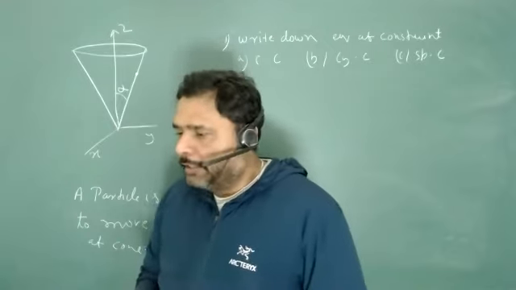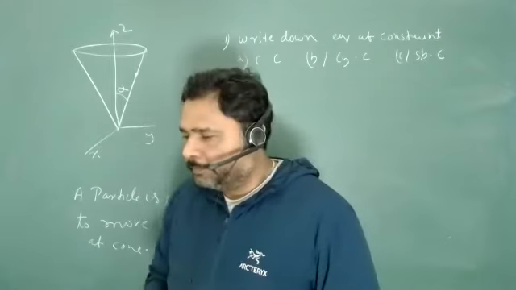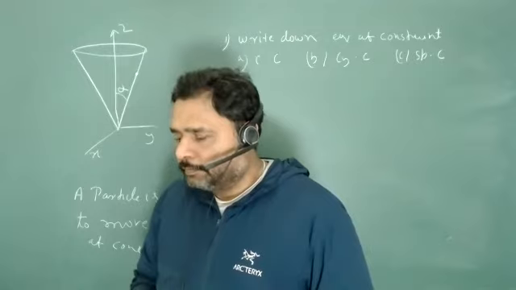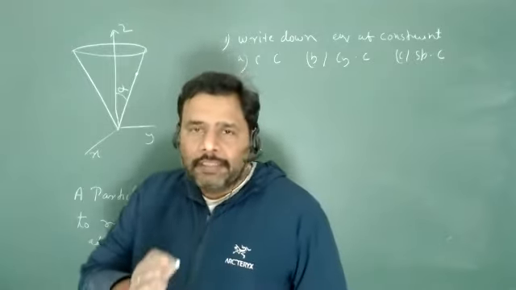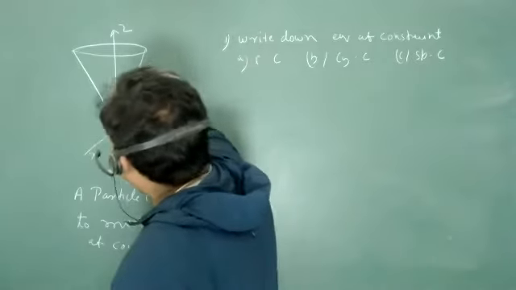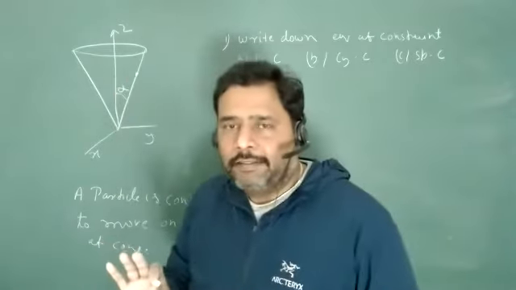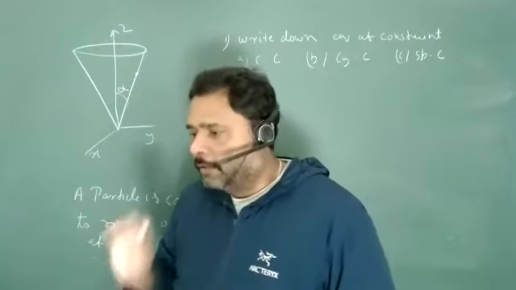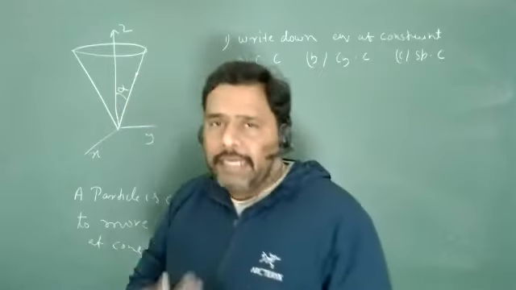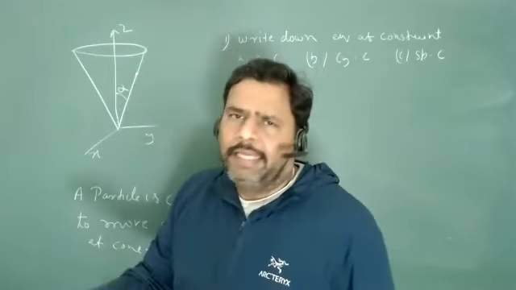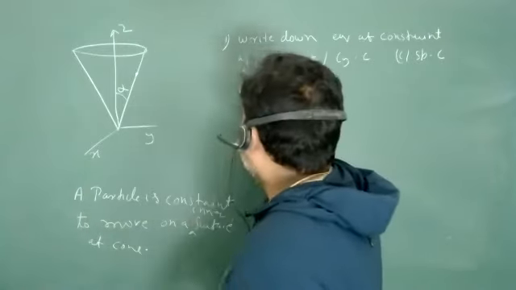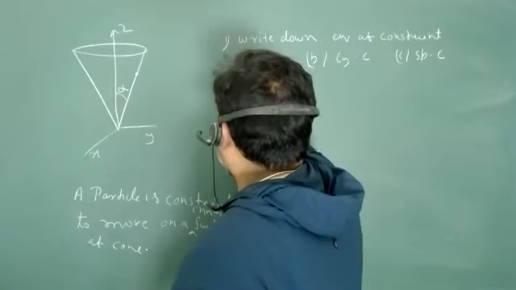Until you try, it won't happen. Cos alpha. Okay, that means you want to say that this particle will always make a constant angle with the z-axis, isn't it? So obviously we can write the angle in terms of sin alpha, cos alpha, or tan alpha, anything. So let me write tan alpha. So let's try to write tan alpha.